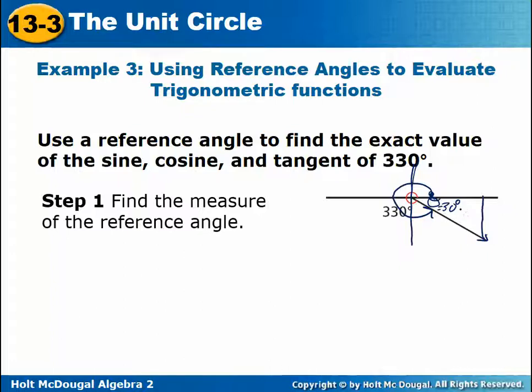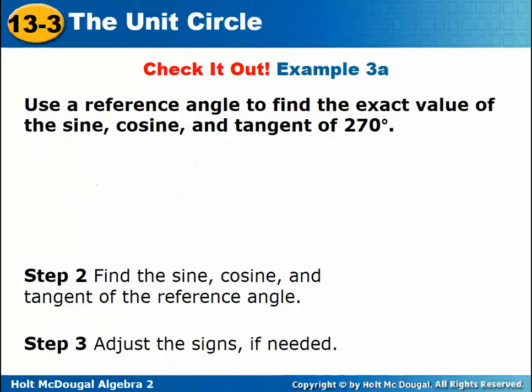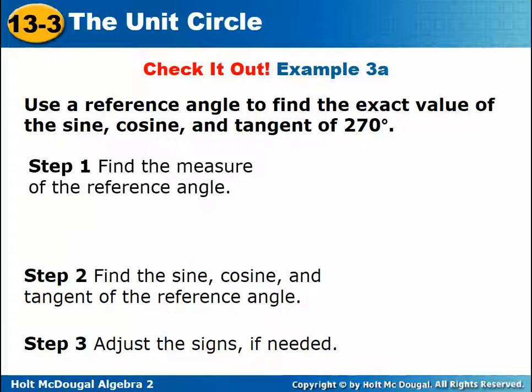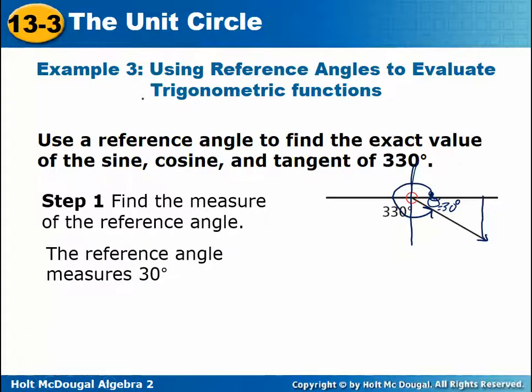Now this is where you can look at the unit circle to help you say, if it was a 30-degree triangle, then what's my sine, what's my cosine? You may have memorized sine and cosine. So step 2 is to figure out the sine, cosine, and tangent of 330.